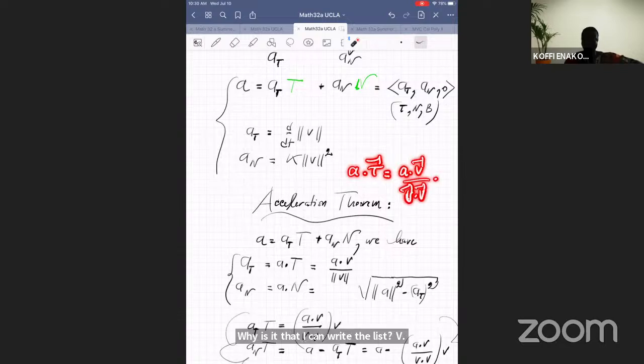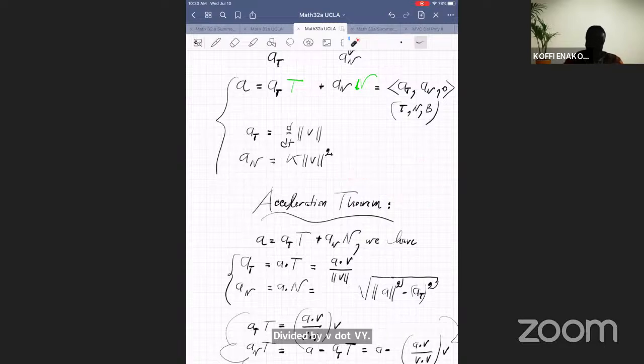Yes, T is V divided by the norm of V, so you just need to replace that. So the claim over here is that A_T, the tangential component, scalar multiplied by T, will give you A dot V divided by V dot V in the V direction.